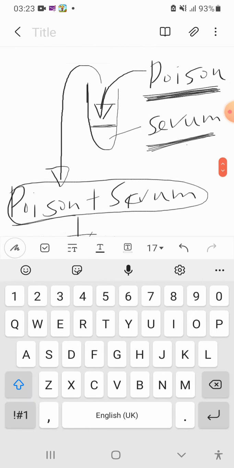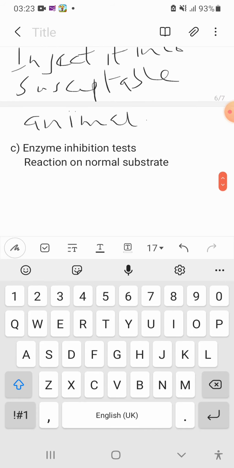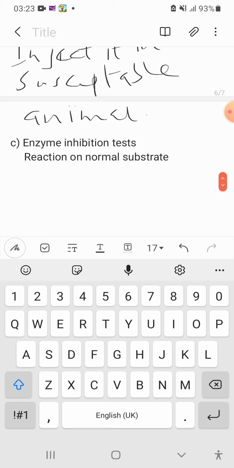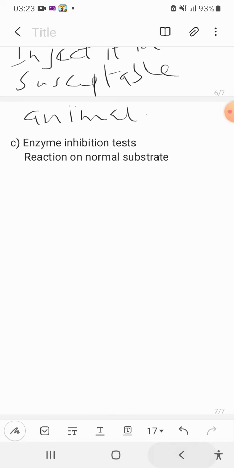Then finally, we go to the enzyme inhibition test. Enzyme effects are normally shown by reacting the enzymes with their substrate.